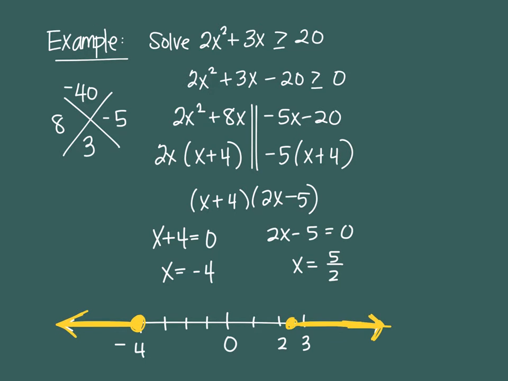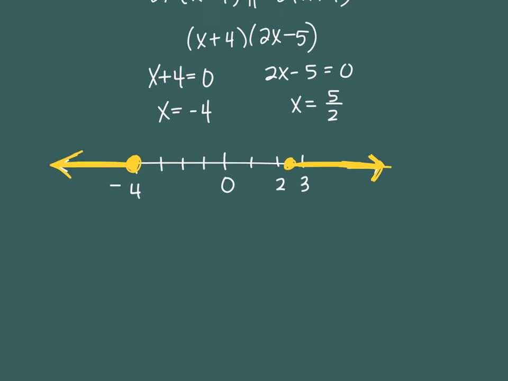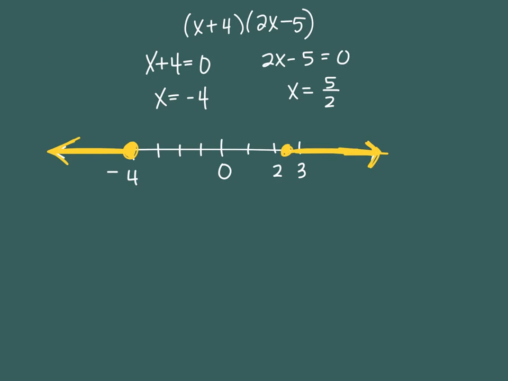So as we write our answers, we're going to have separate intervals for the two arrows. The arrow on the left will be x less than or equal to -4, less than because it's pointing left. The arrow to the right will be x greater than or equal to 5/2, greater than because it's pointing to the right.